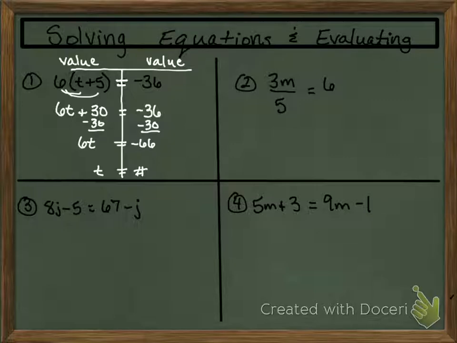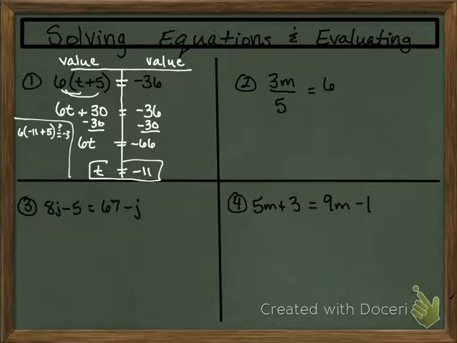Then when I divide by 6, I get that t is equal to negative 11. That means if I plug negative 11 into this function, let's see if that actually equals negative 36.